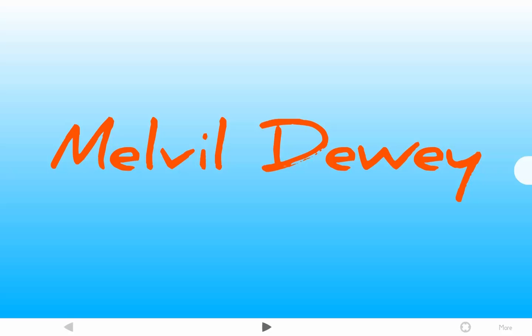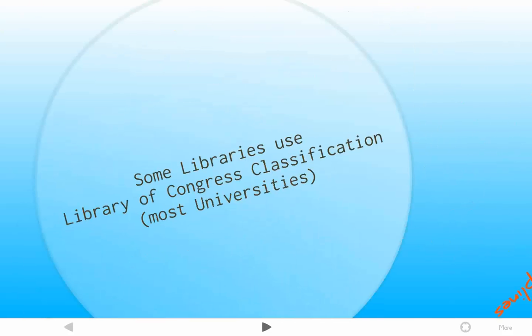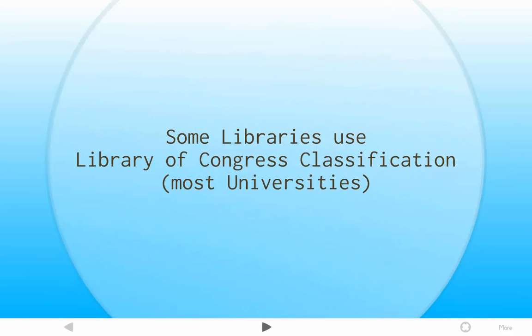Now, once that kind of took hold and became more popular, another system came along, and that would be the Library of Congress, our National Library. They came along and they said, oh, well, now that you've got that figured out, we're going to improve upon it. So they waited until he had sort of sorted that out. And they came along and they started with the letters of the alphabet. So, for example, the letters ABC.